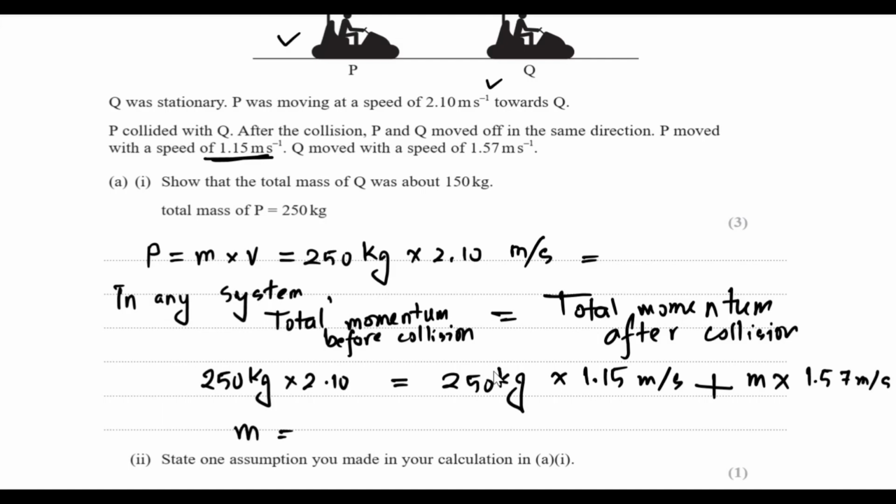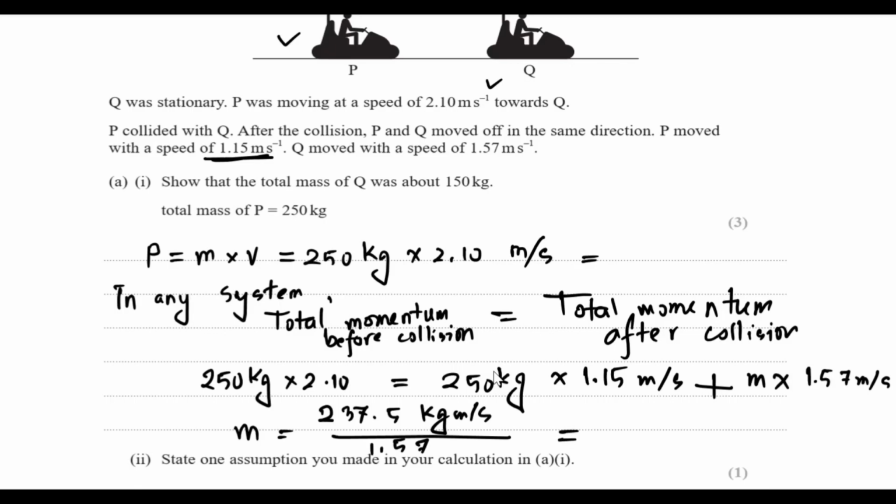so here total momentum before collision is 237.5 kg meter per second, divided by 1.57.